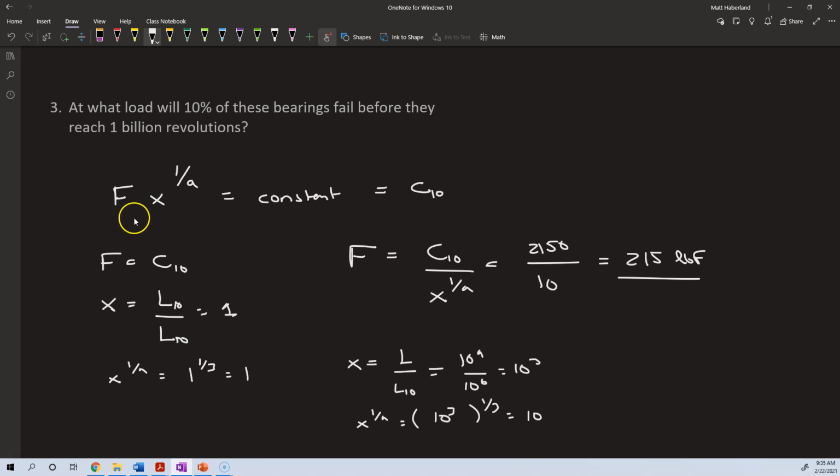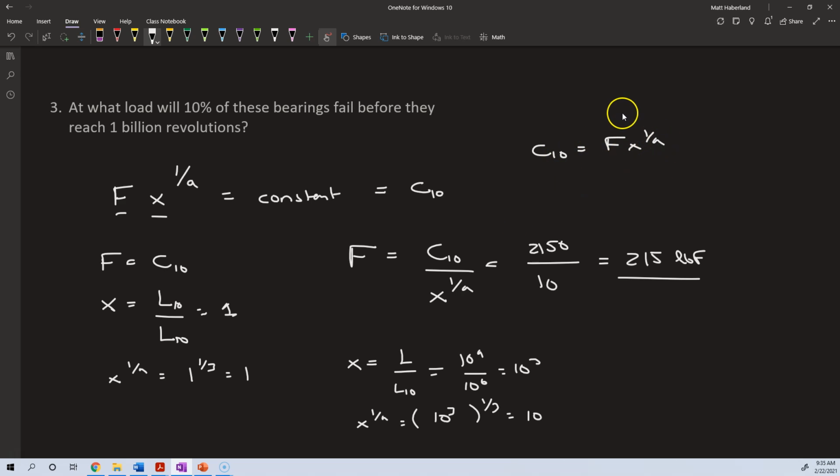And so that's how you use this relationship, that F times the relative life to the 1 over a is constant. That constant is, by the definition of C10, equal to C10. Sometimes you'll just see this written as C10 is equal to F x to the 1 over a.